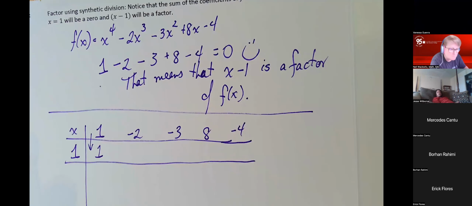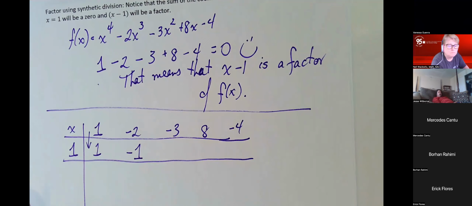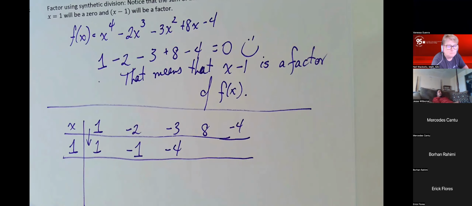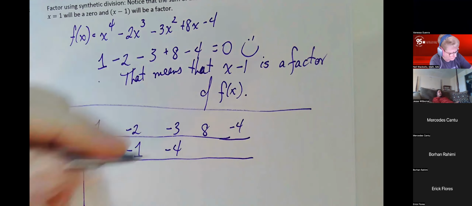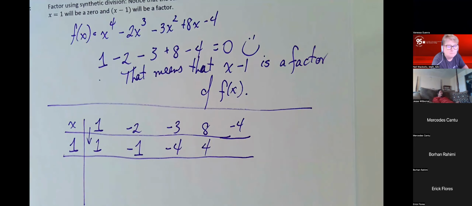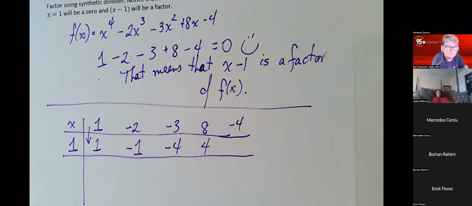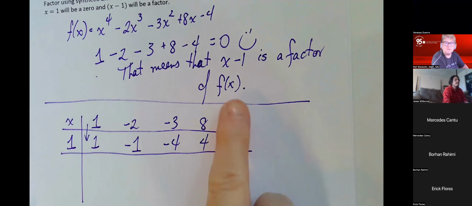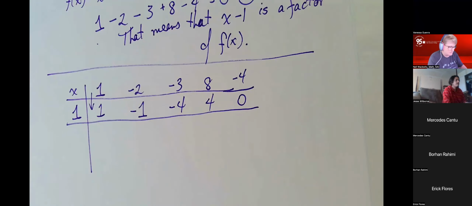Multiply 1 times 1 and add the -2. Good. Multiply 1 times -1, which is -1 minus 3 would be -4. And then 1 times -4 is -4. Plus 8 would be 4. And then 1 times 4 is 4. Excellent.